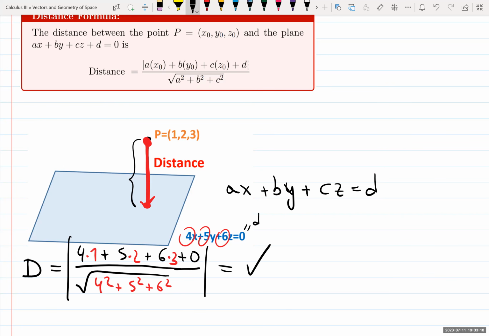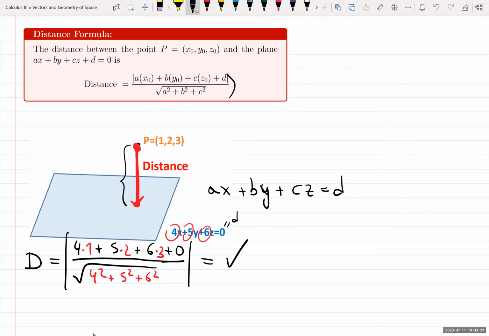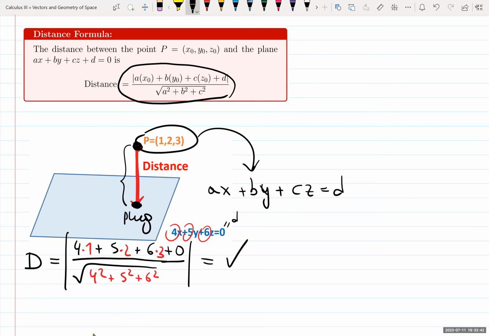Anyway, check mark. Make sure you remember that the normal goes to the denominator as a distance, and the top gives you the location of the point. You basically plug this point into the plane to locate it. This is how I see it: the point gets plugged into the equation of the plane, so now it's on the plane literally.